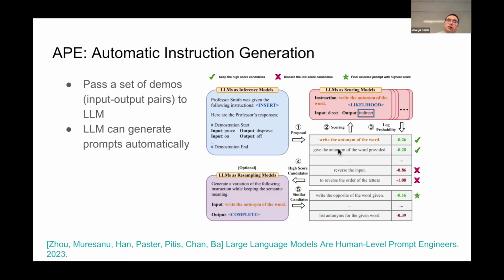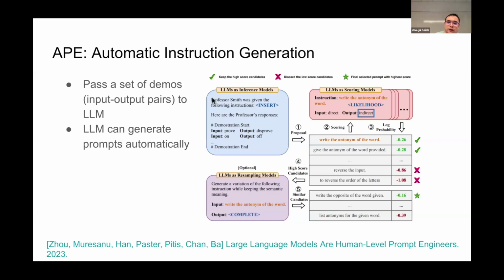The interesting thing is they use an LLM to do this. If you look at this blue block, you have some demonstrations of the input output pairs, and then you can ask the LLM to generate the instruction based on them.